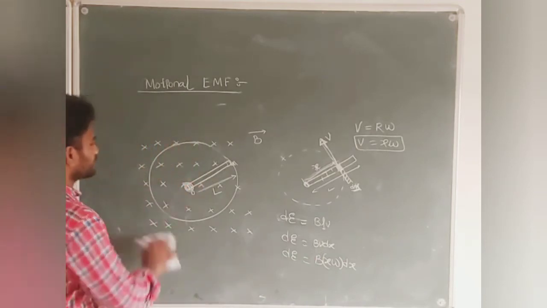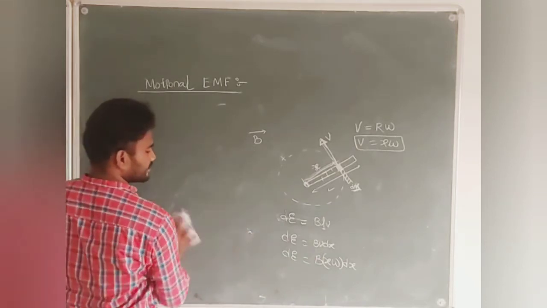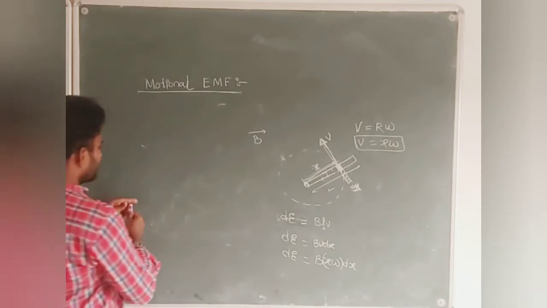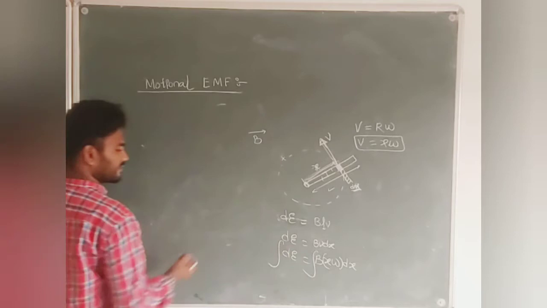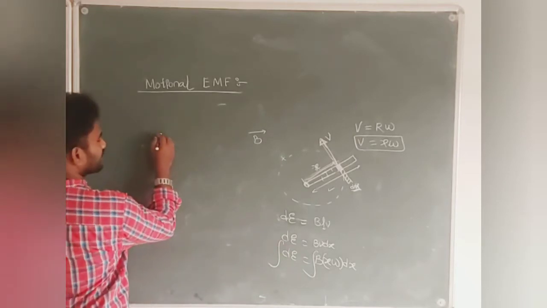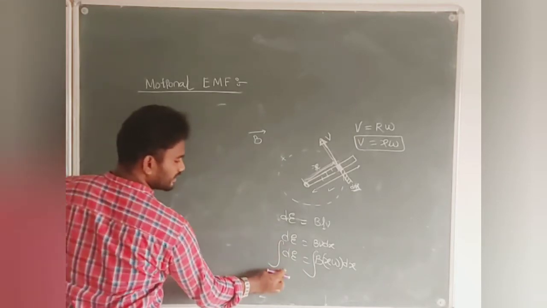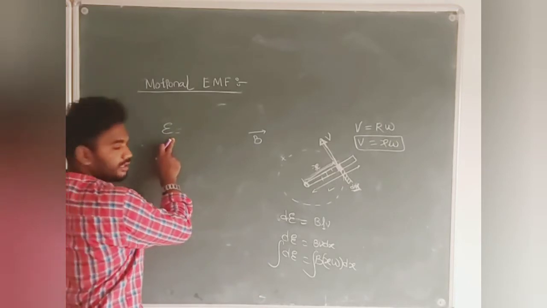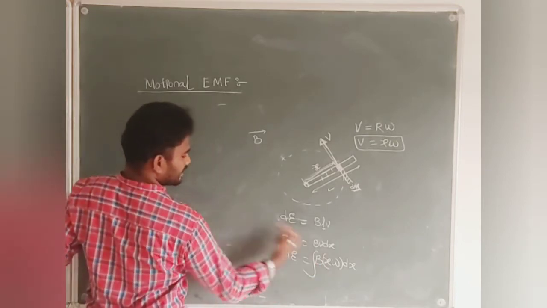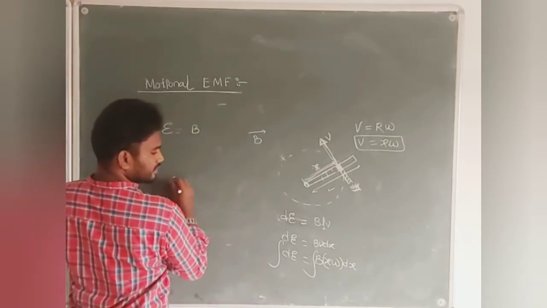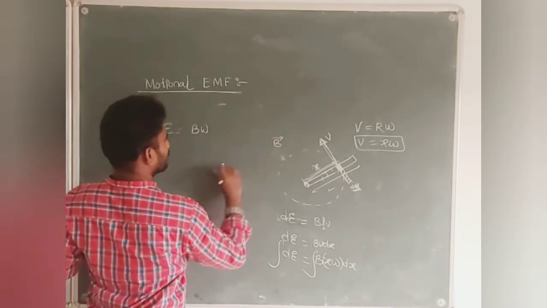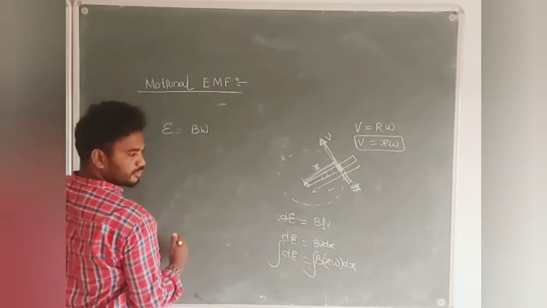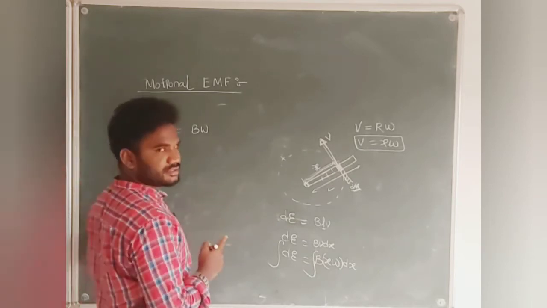So now we want the EMF, right? We have to integrate this. Integration of dE is nothing but E, the EMF. Now B is constant, it will come outside. Omega is also constant, it will come outside. I told you clearly omega is constant, students.